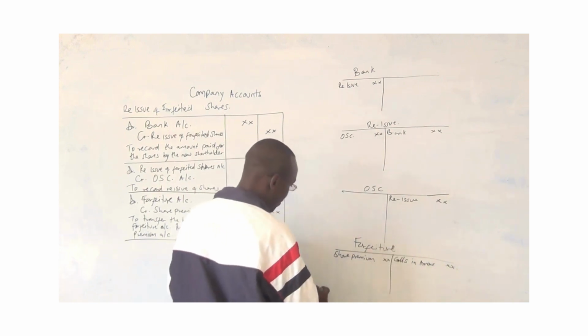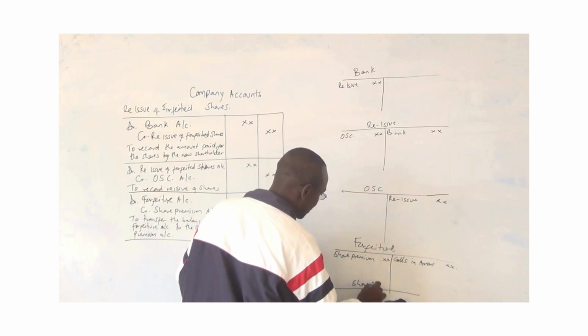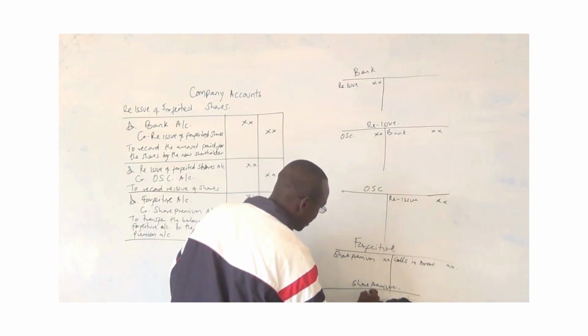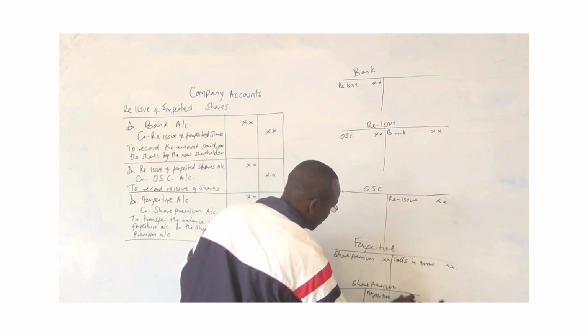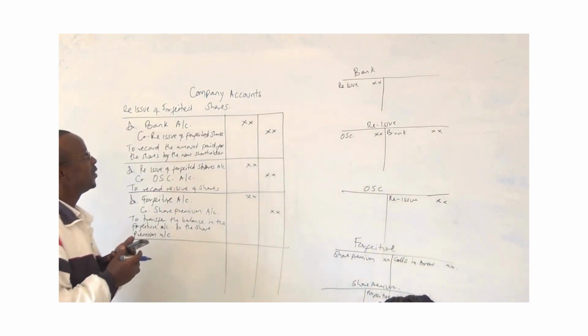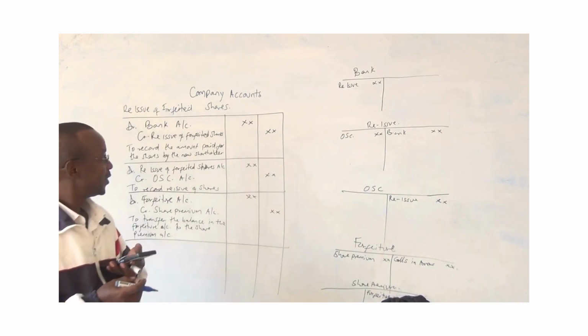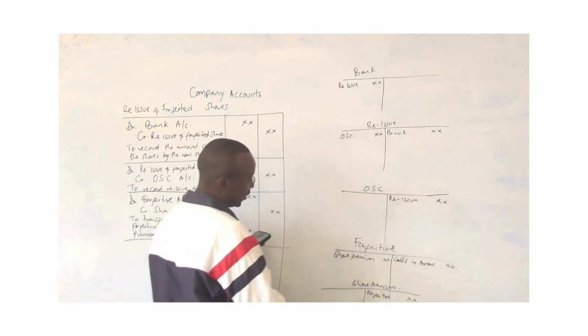And then you have the share premium account. This is forfeiture. Then you will find that this one is now closed.